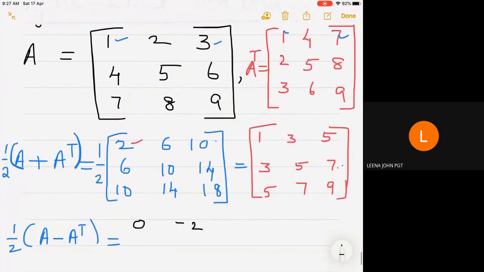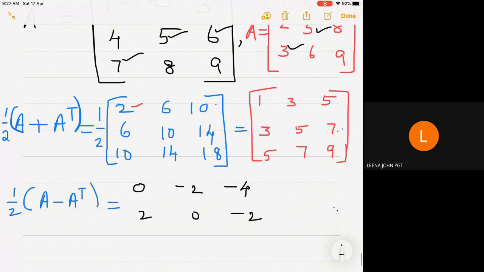Then 3 minus 7, minus 4. Then 4 minus 2, 2. Then 5 minus 5, 0. 6 minus 8, minus 2. And now 7 minus 3 is 4. 8 minus 6, that is 2. 9 minus 9, that is 0.